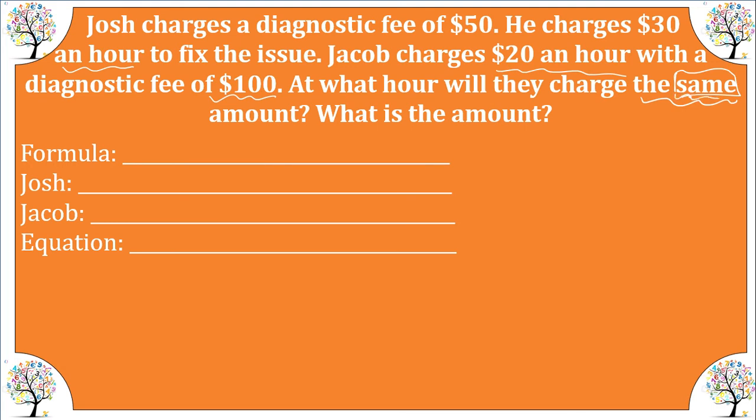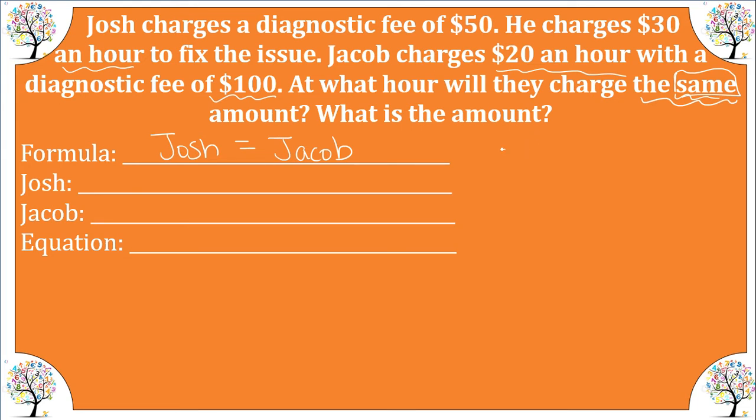So the key word is we want to know when whatever Josh charges is equal to what Jacob charges. So we want to know when Josh equals Jacob, at what hour will they charge the same? So now let's represent Josh.